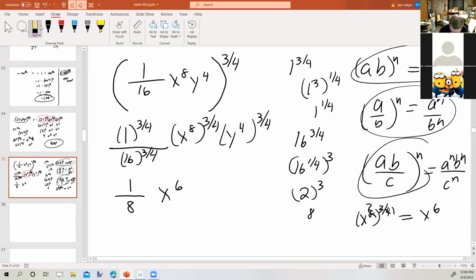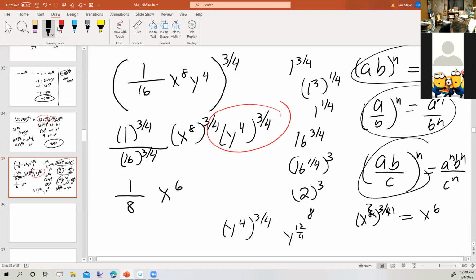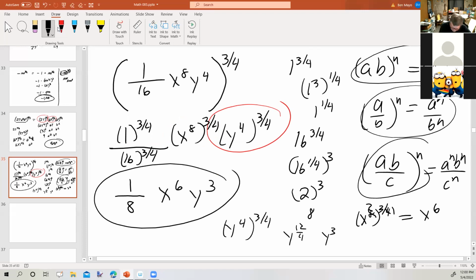Yes. Okay. And then let's take a look at this one. So y to the 4th to the 3/4 would be y to the 12/4 or y to the 3rd. And there's your final answer. Or you could write it, x to the 6th, y cubed all over 8, like that.